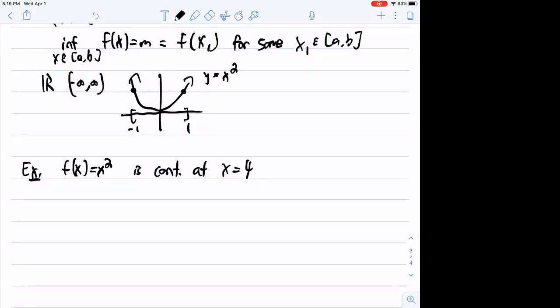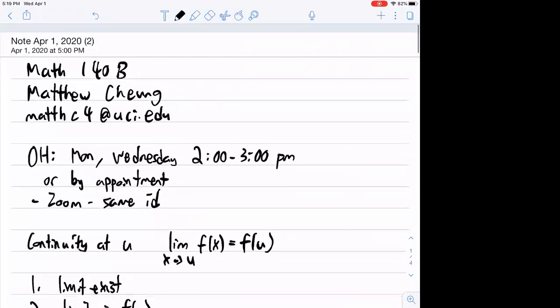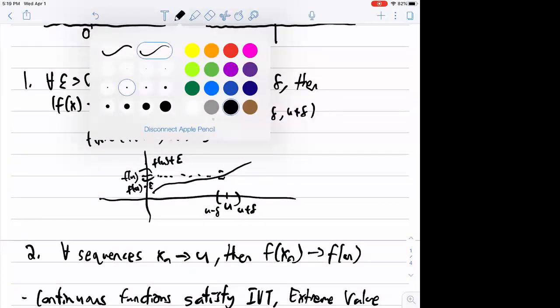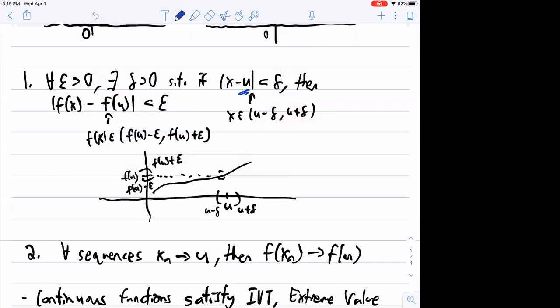For this, let's use the epsilon-delta definition. For all epsilon greater than 0, there exists delta greater than 0 such that, let me go back. Remember, it's |x minus c|. The u in this case is 4, so this is for continuity at u, and it's f of u.